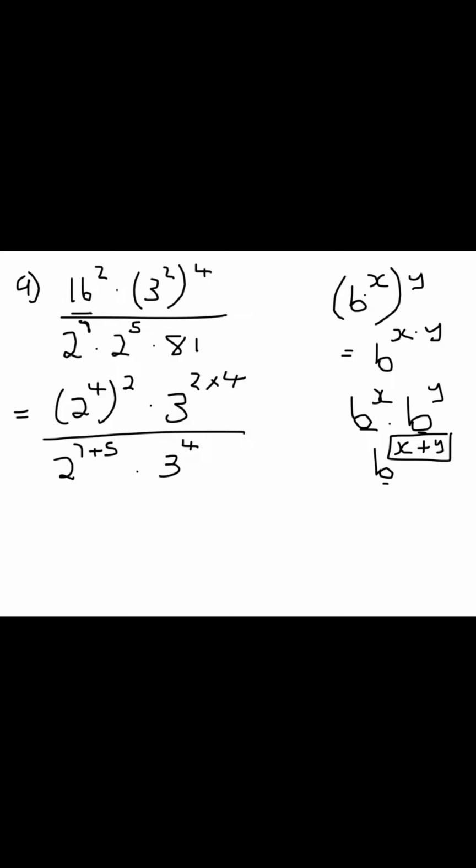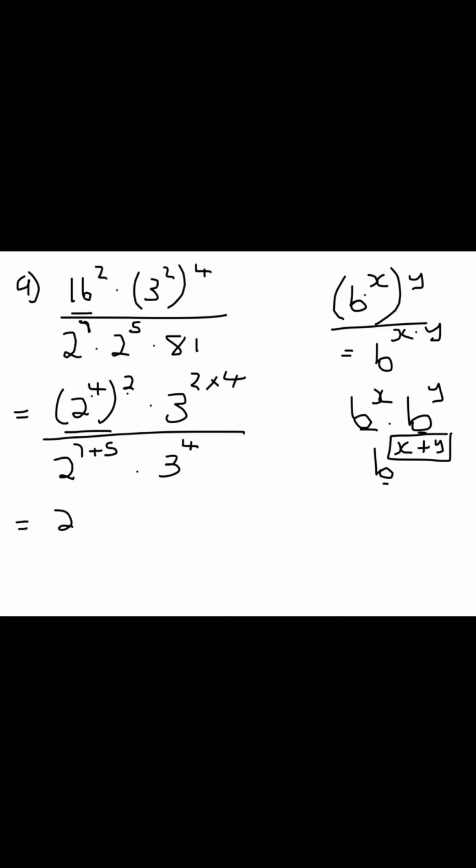Okay, then it's fine. So you will therefore say this is equals to. It now becomes easier because you've worked on it nicely. What you just need to do again, you apply that same law where you need to multiply. So you have 2 to the exponent of 4 multiplying that 2.